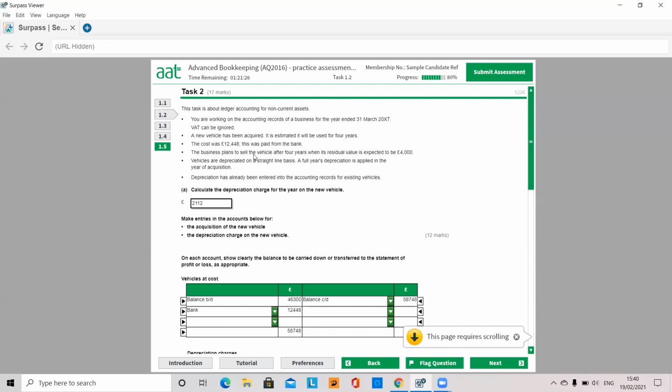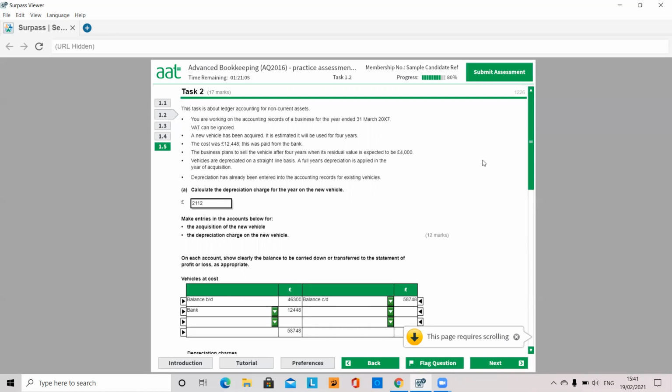It says the business plans to sell the vehicle at the end of 4 years and will have a residual value of £4,000. Vehicles are depreciated on a straight line basis. A full year's depreciation is applied in the year of acquisition. And depreciation has already been entered in the accounting record for existing vehicles.